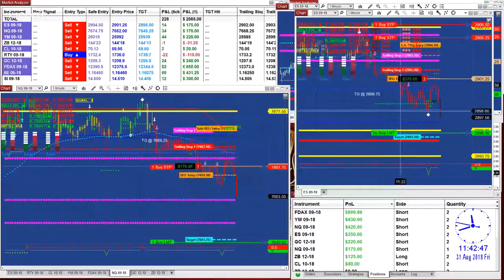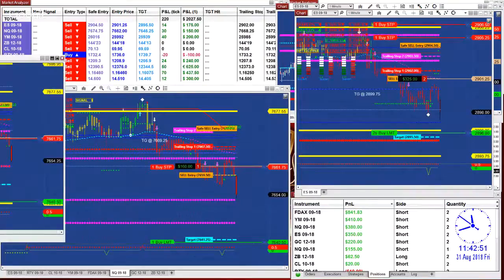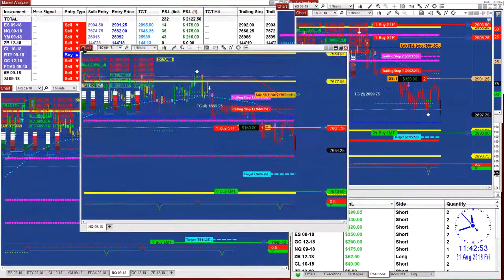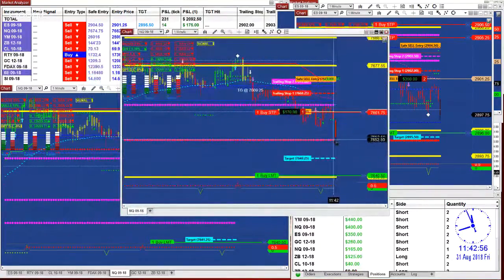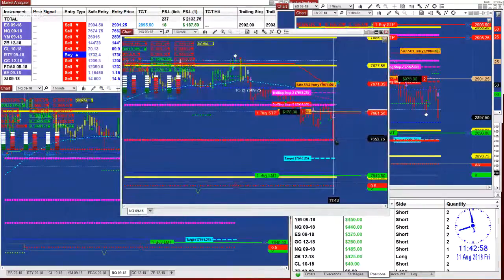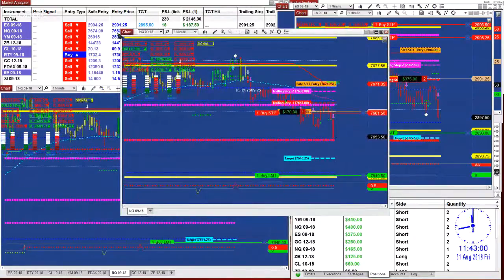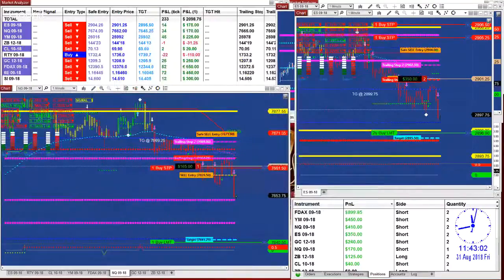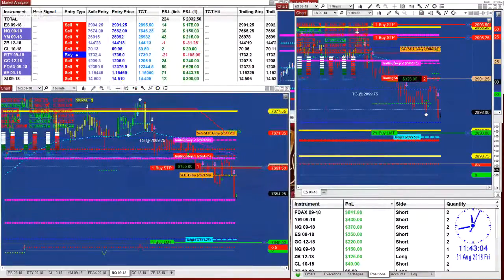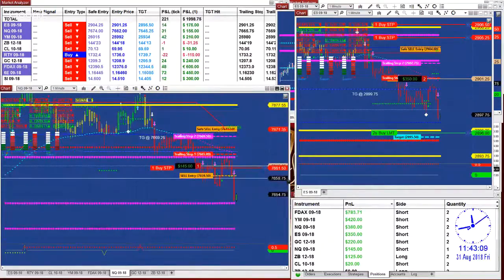This is ES, NASDAQ, Dow Jones. And now you have a problem with the NASDAQ right there. Look, right at the clock. Look at the NASDAQ.